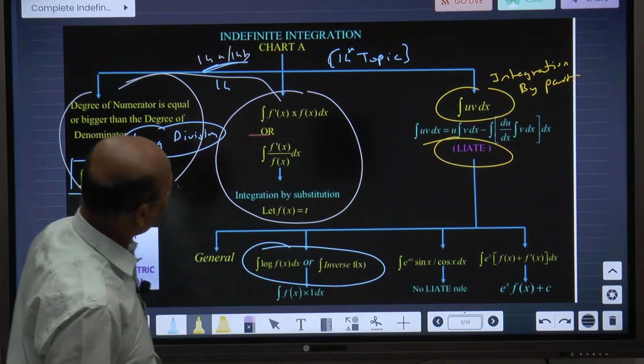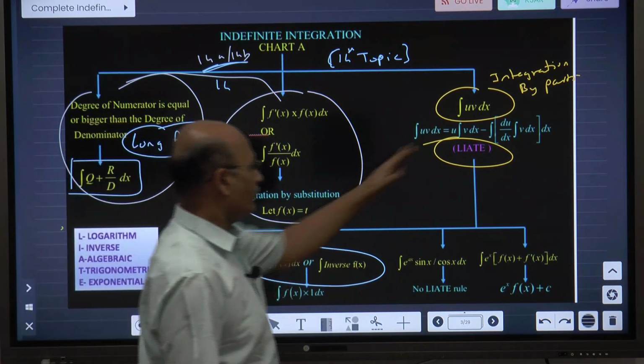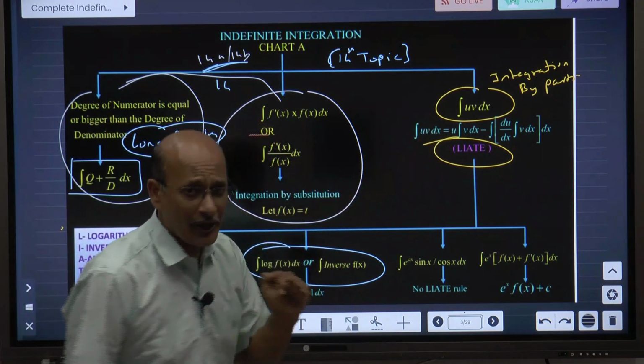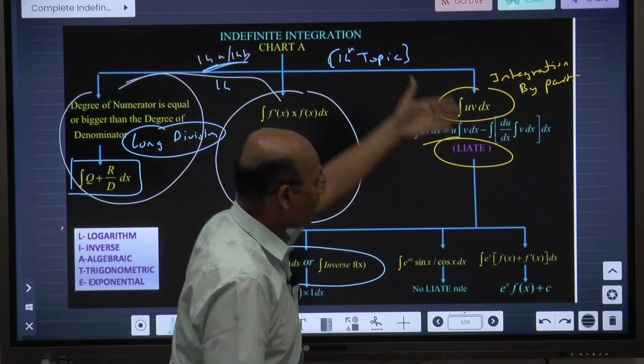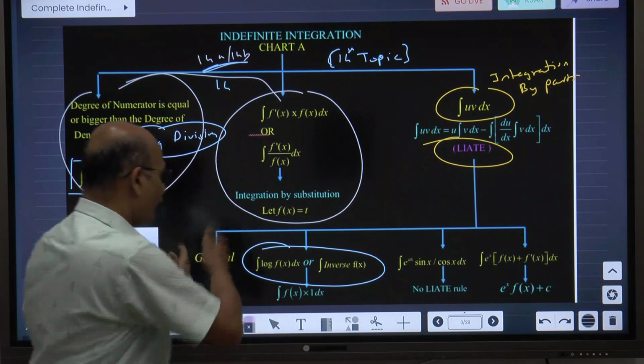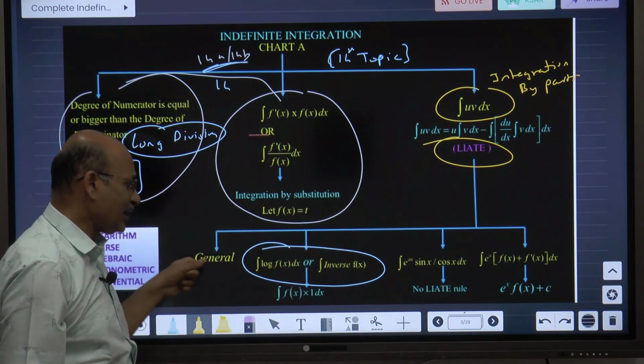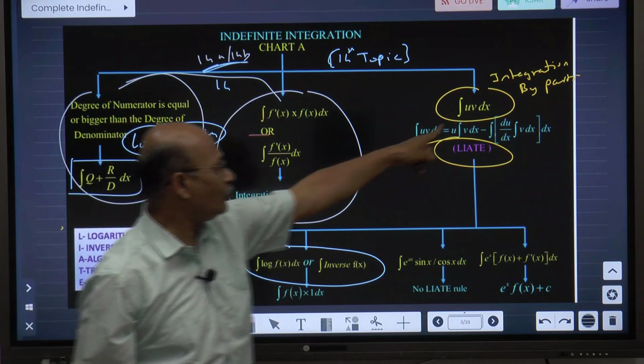So this is the order in which you have to take the function as u and v. So let us see how I look upon it. Why is it branching out? Because in integration by uv, there are different categories of sums. The first category is general, where everywhere you are using this uv rule only.